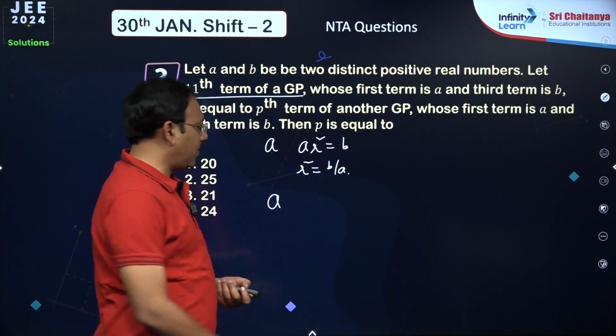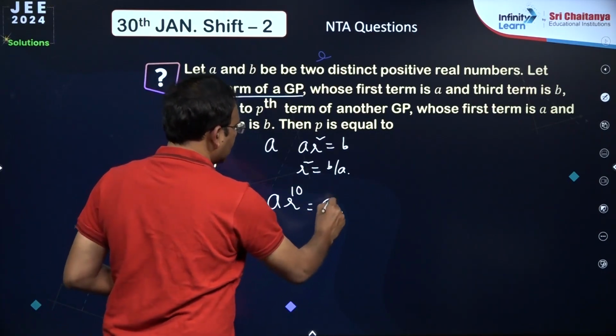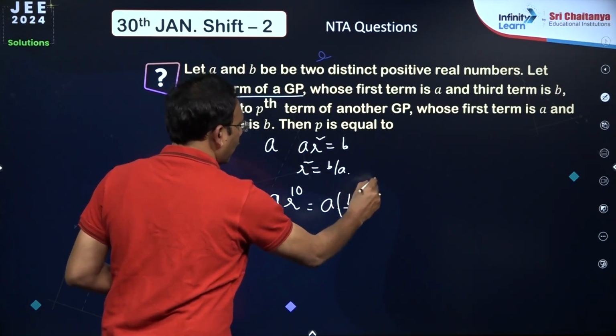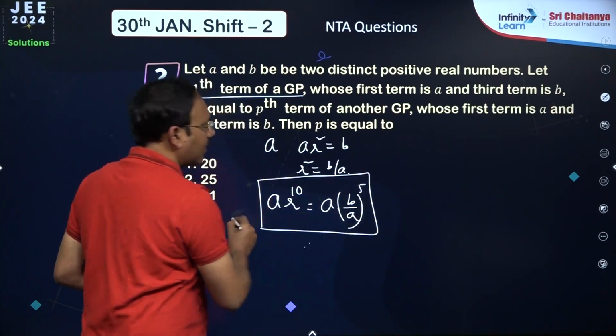The 11th term is going to be A r power 10, my dear friends. R power 10 means B by A whole power 5 you can write. So finally, this is going to be the 11th term of this GP.